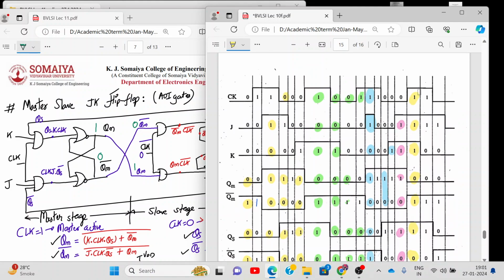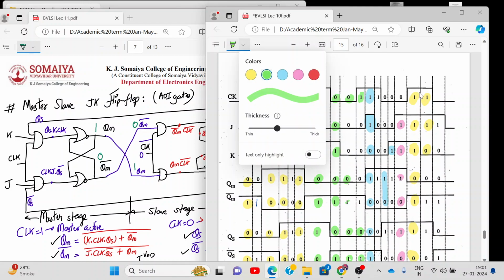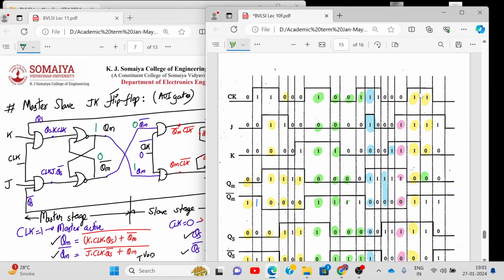Okay. हाँ, नाउ व्हेन अगेन द क्लॉक इज 1, जे इज 1, के इज 0, इट शुड बी सेट ना, सेट बराबर है. Set. हाँ, तो ये रॉन्ग हो रहा है यहाँ पे, दिस इज रॉन्ग. यहाँ पे प्रॉब्लम हो रहा है देखो. Sir, क्लॉक इज, व्हाई इट इज नॉट हैपनिंग.